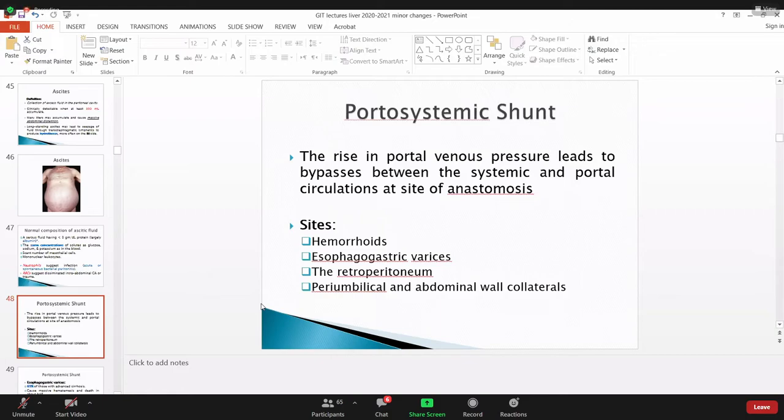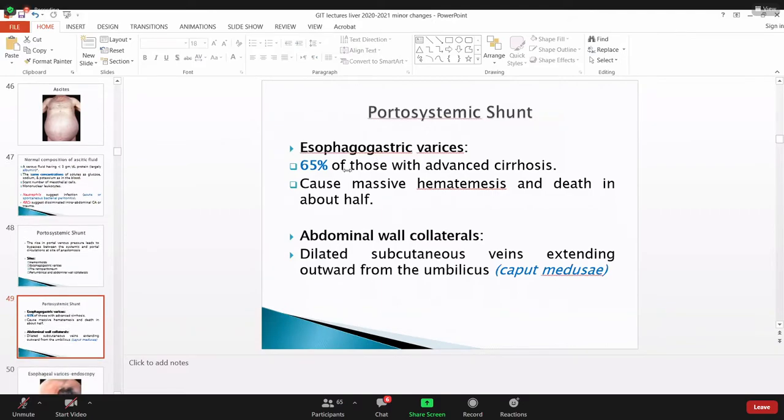Anastomosis, the most important هي esophageal gastric varices, hemorrhoids, retroperitoneum, periumbilical, and the most important هو esophageal gastric varices. 65% of patients اللي عندهم advanced liver cirrhosis بيكون في عندهم esophageal varices تعمل massive hematemesis, اللي هو vomiting up of blood and death in about half of the cases. إذا بتتذكروا لما حكينا على esophageal varices حكينا 50% they die, 70% من survivors they rebleed and die.